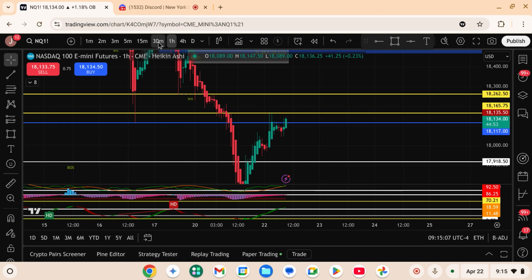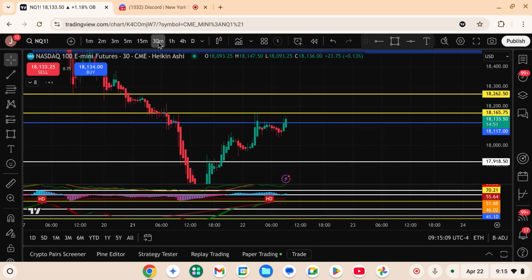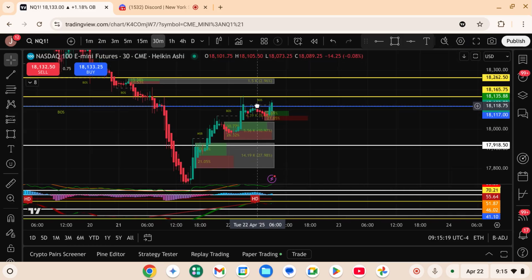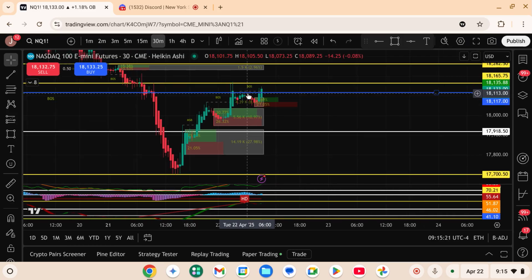Let's look at the half hour. Yeah, so look at this right here. So that 1 hour break of structure is inside this half hour bullish order block.